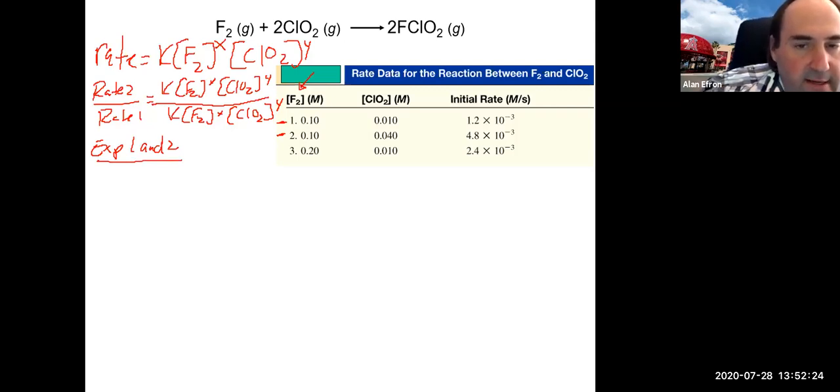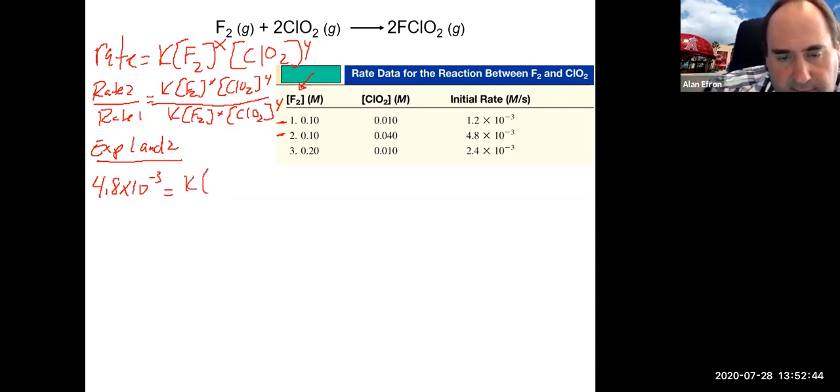For experiment number 2, we have an initial rate of 4.8 times 10 to the minus 3. That is the larger number, so I'm going to put that up on top. So up on top, I'm going to put all the information from experiment number 2 in the table, which would be this, equals K times the concentration of F2, 0.1, to the X, and 0.04 to the Y for my ClO2.